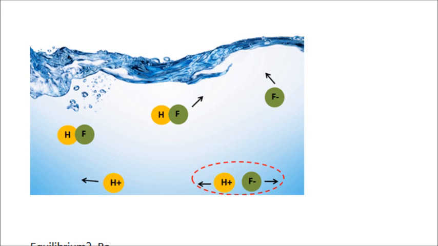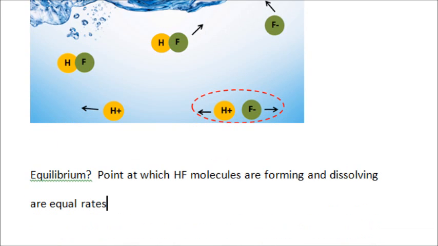Well, equilibrium is the point at which, in this case, HF molecules are forming and dissolving at equal rates. That is what equilibrium is. At equilibrium, if one HF molecule dissolves into H plus and F minus ions, at that exact same time that bond breaks, a new bond will form between a different H plus ion and F minus ion, combining together to form another HF molecule. That's equilibrium.